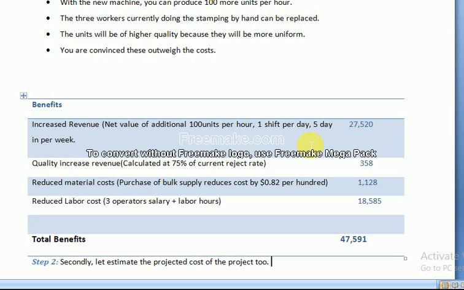So their quality is not good. So mostly customers return sales to us.